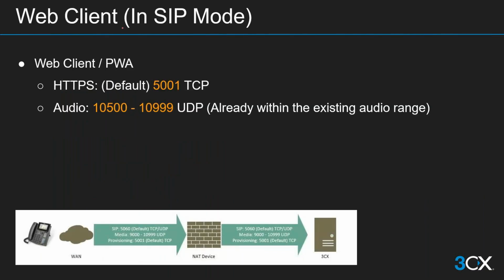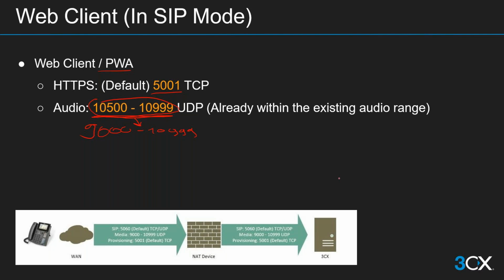Now, the web client in SIP mode or the progressive web app, we use 5001 and the audio range of 10,500 to 10,999. You remember the RTP range is 9,000 to 10,999, which is included in that range, yeah?